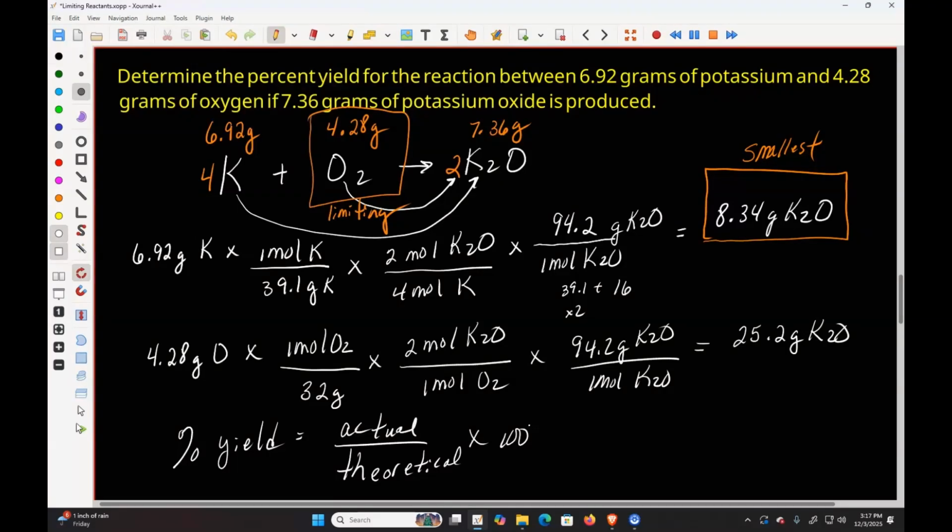So my actual was given in the problem, so that's 7.36 grams. My theoretical was using my limiting reactant, so that would be 8.34 times 100. That gives me 88.2% yield.